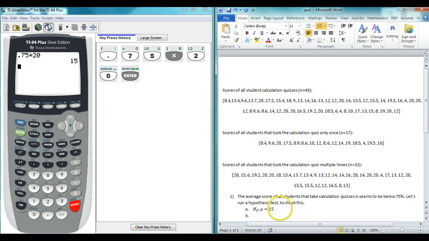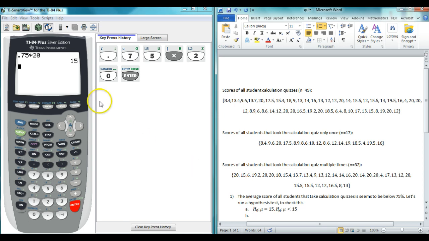And I'm going to test that against the alternative, H sub A, which is an average score mu that actually falls below 15 out of 20.